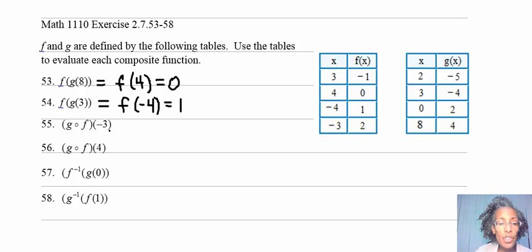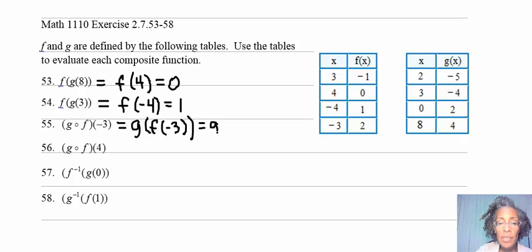Now this notation means g of f, for number 55, of negative 3. We're going to follow the same line of thinking. We go to the table that tells us about f, and when x is negative 3, we see that f is 2.